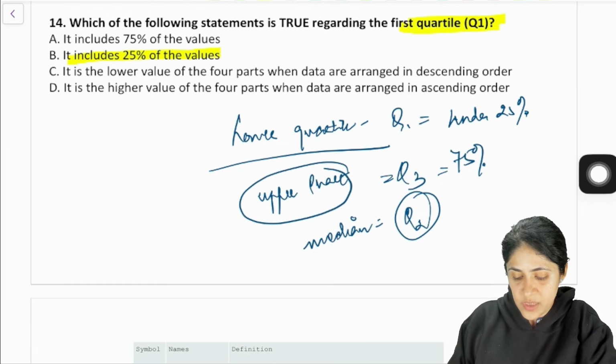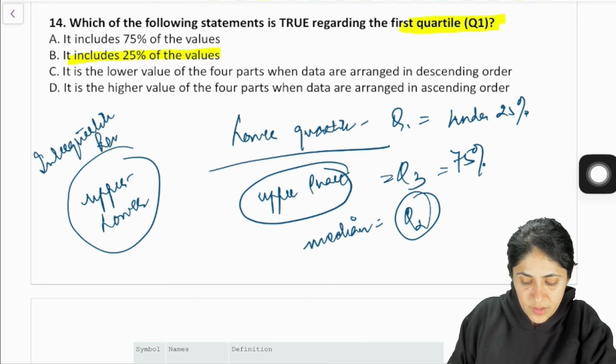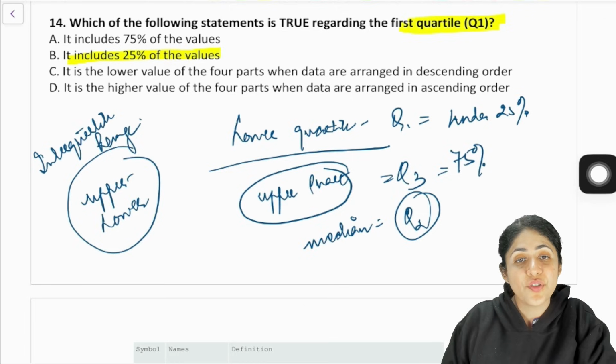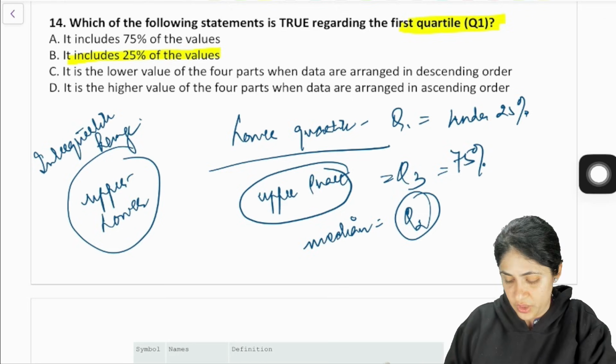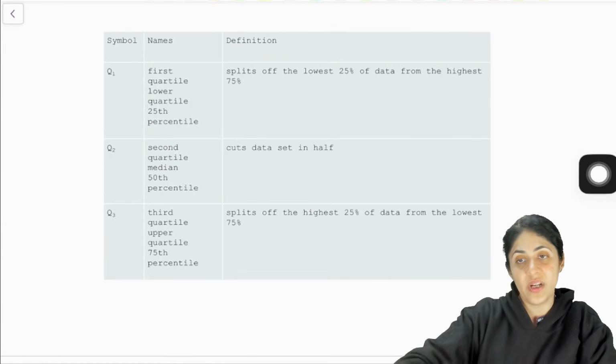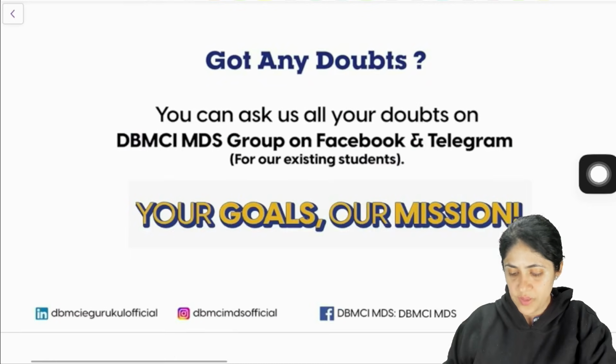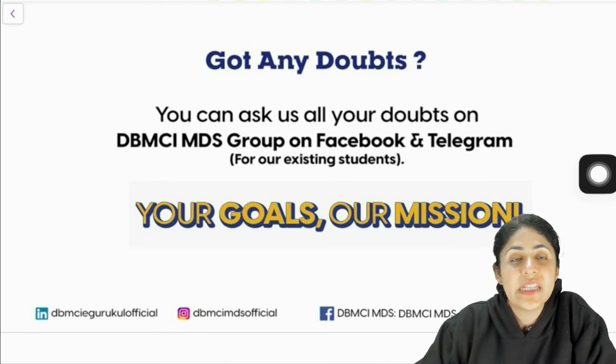The difference between the upper and the lower quartile is called the interquartile range. The semi-quartile range is half the interquartile range. Understood that? So this is the first quartile, second quartile, and the third quartile. Understood? So with this, we have finished off our GT 12.